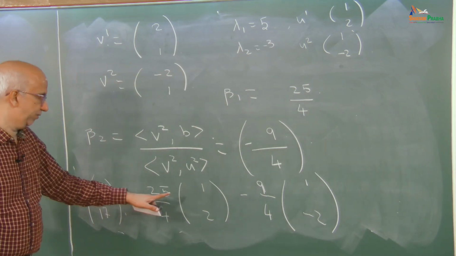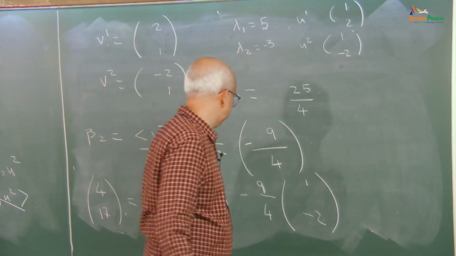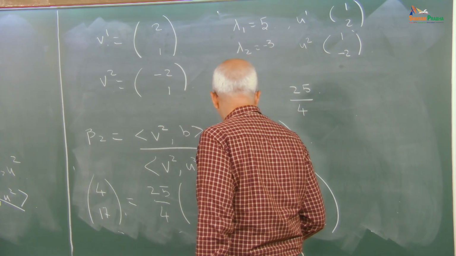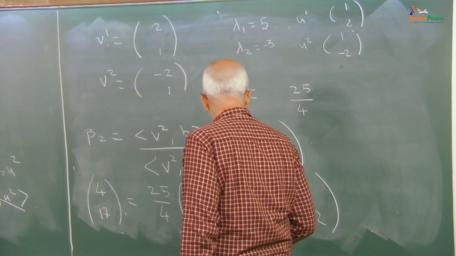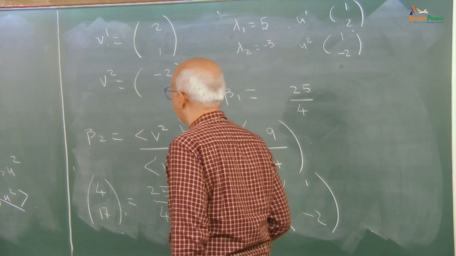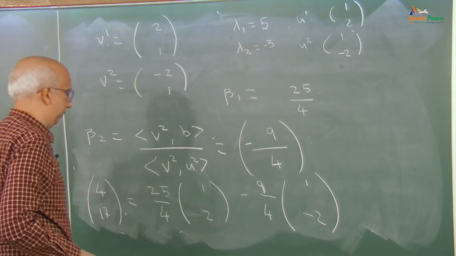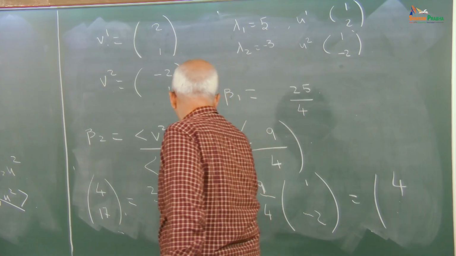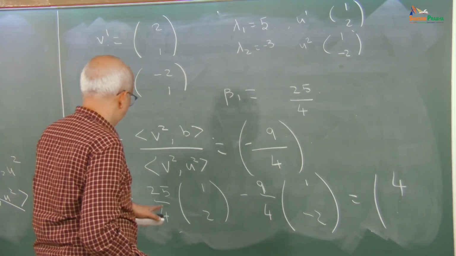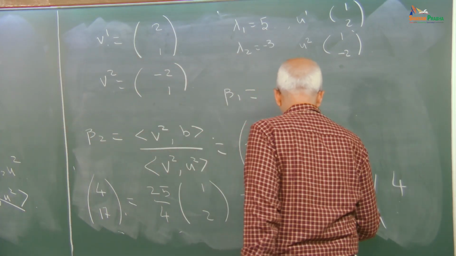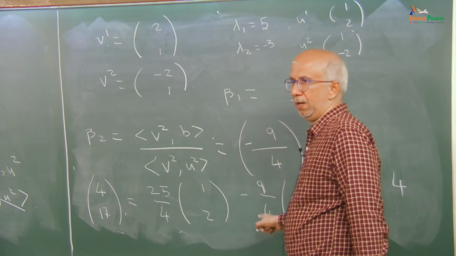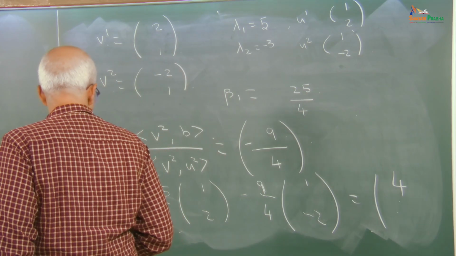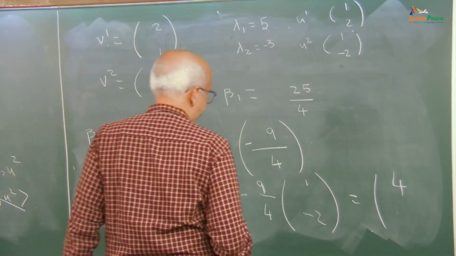So, 25 minus 9 is 16, right? Why am I getting 4? Did I make a mistake? Oh, I am supposed to get 4. I thought I was supposed to get 1. This gives me 4, and 4 times 2 is 8. Oh, sorry, 25 times 2 is 50 plus 8, 58 divided by 4, that is 17.